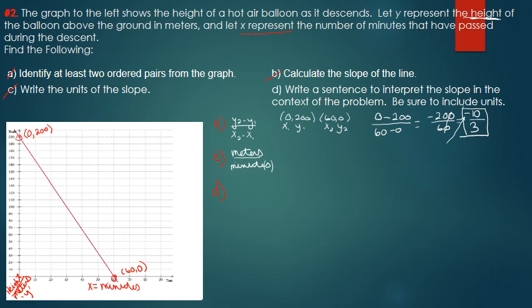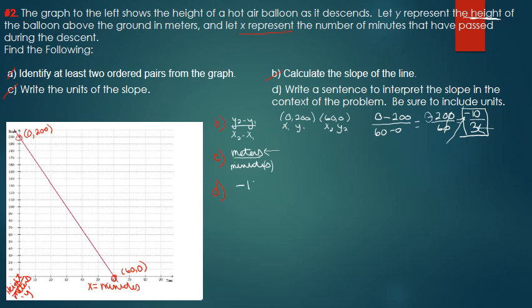Okay, so for the sentence, again, we use our units. The height of the balloon is decreasing, because we have the negative, by 10 meters per 3 minutes. So what I'm going to do is rewrite the slope like I did in the last problem, including the units.